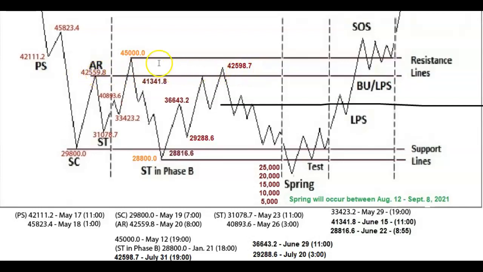So this fits right in that groove, and this bottom point here, before it moved up to this resistance line point here, this point also would fall between these parameters, which it has. Now, one thing I have noticed is, though, Doge has not tracked the same anymore after this point.